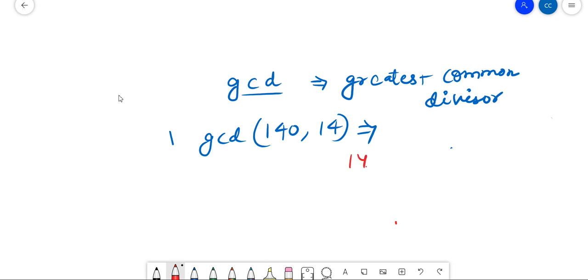Now for 140 we are having 2 into 7 into 2 into 5, and for 14 we are having the value 2 into 7.